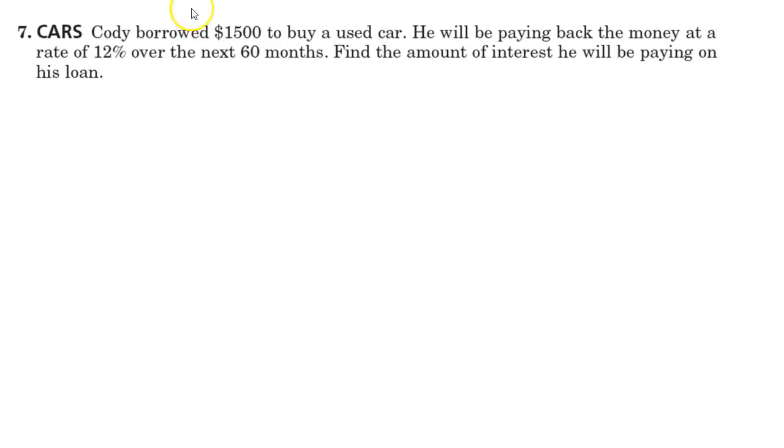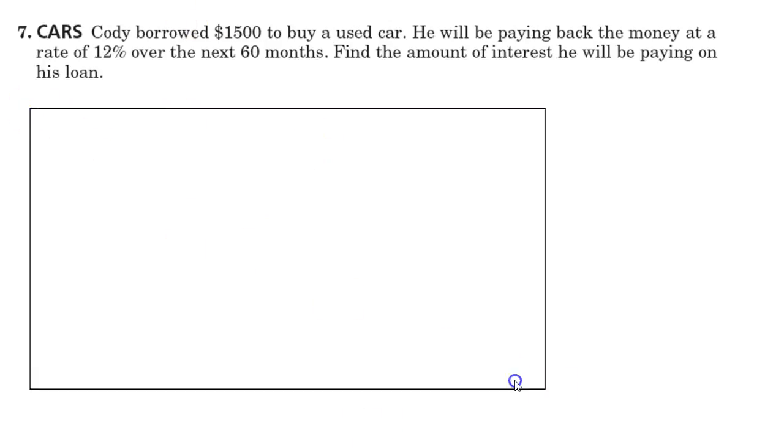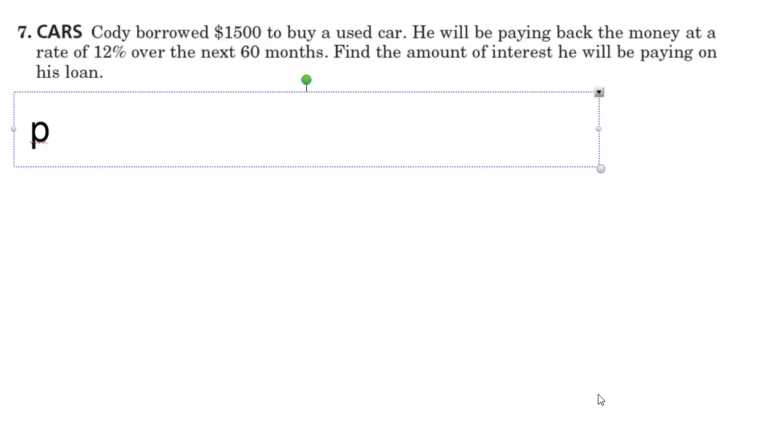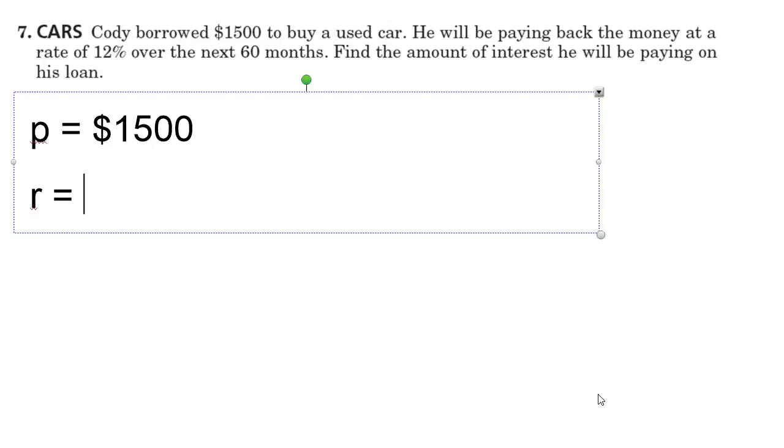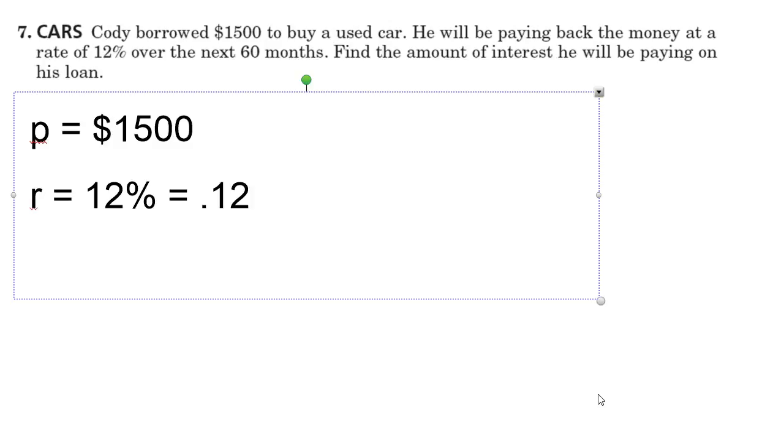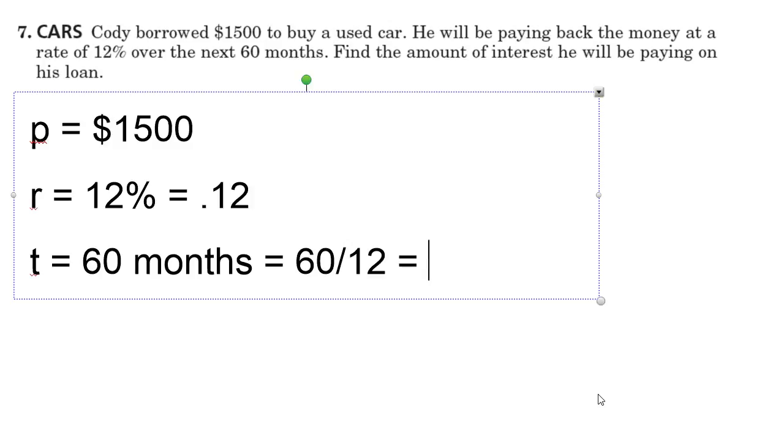Okay. So again, setting this up, our principal is the amount we're going to borrow, which is $1,500. Our rate is the 12%, which is 0.12. Our time is 60 months, which is a pretty common length of a car loan. But again, it has to be in terms of years. So 60 divided by 12, 5 years.